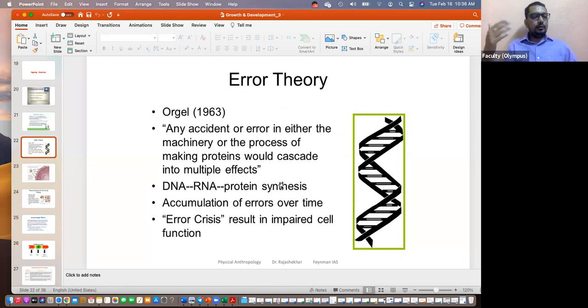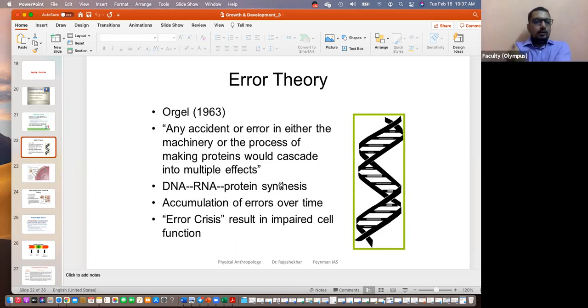As more and more errors accumulate, what happens to your cell function? Cell function gets affected. Simply, this is a concept where, as we age, errors get accumulated, and more errors result in a lesser ability to control the body's functions. This is called error theory.